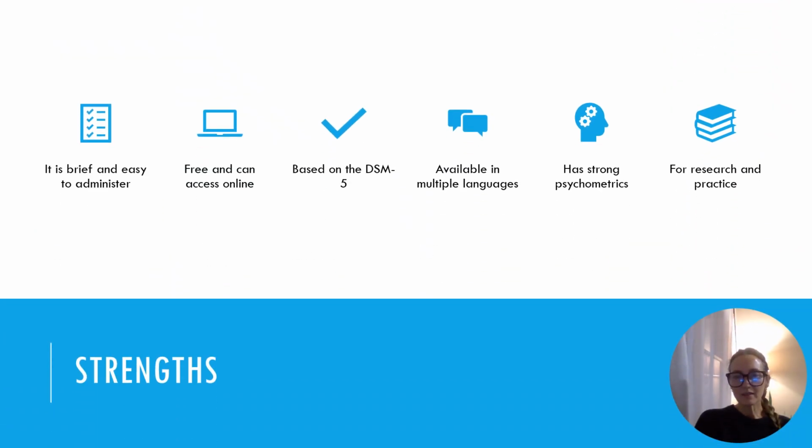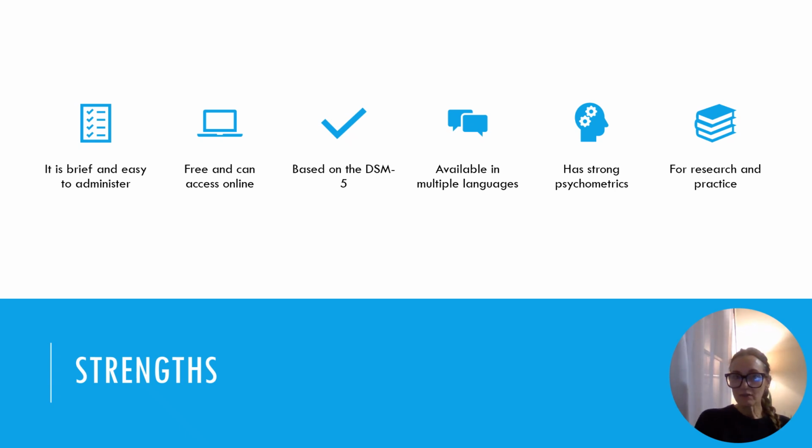There are a lot of strengths about the CATS assessment. First, it's completely free and it's easily accessible to anyone online. It only takes about 15 minutes to administer, and it can be a self-report or in an interview process. It's based on the DSM-5 criteria.